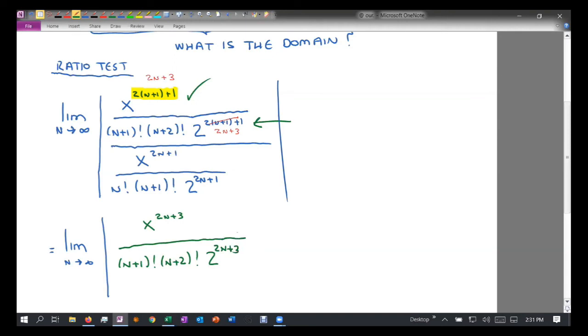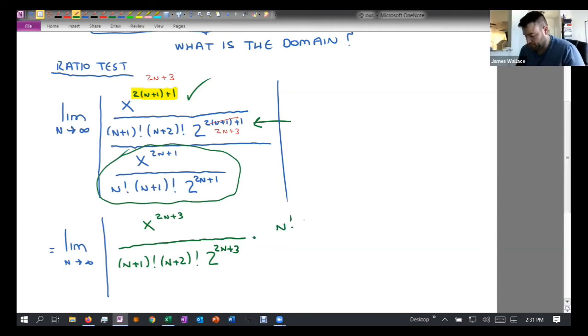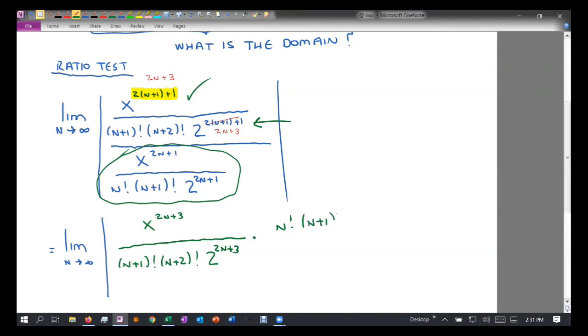Then I'm going to divide that by this thing, which is the same as multiplying by the reciprocal. So I put n factorial, (n+1) factorial, 2 to the 2n plus 1 on top, and on the bottom x to the 2n plus 1.